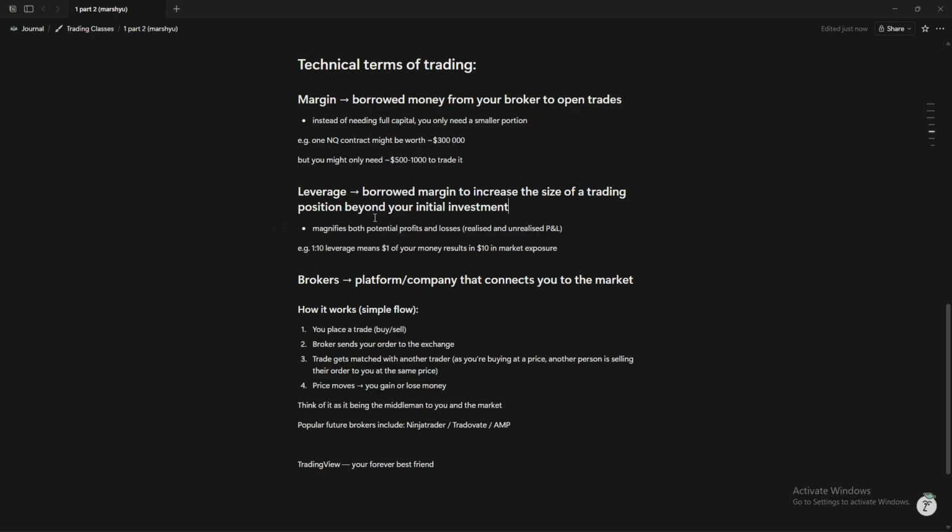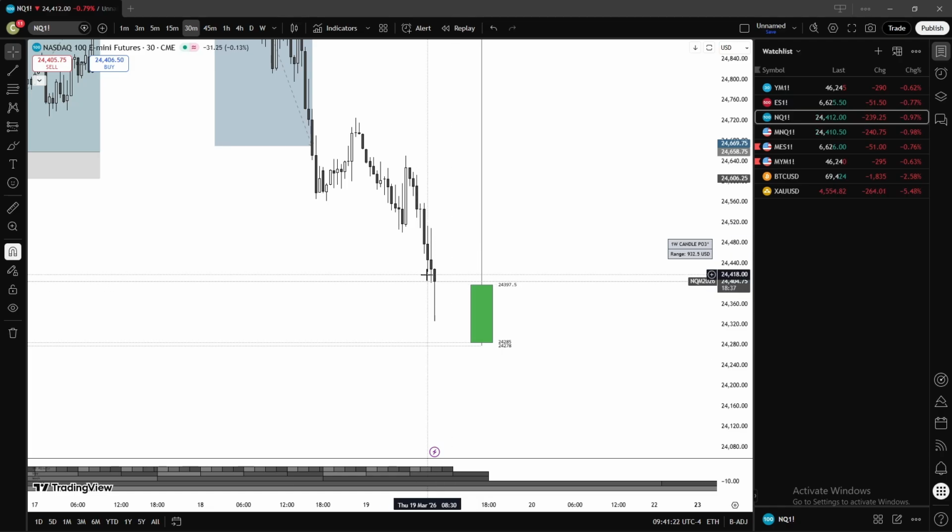It is a double-edged sword, but it can both magnify your potential profit and your potential losses. So let's say a leverage of 1 to 10 means that $1 of your money results in $10 in market exposure. What this means is that if there's a change of $1, basically, you receive $10.